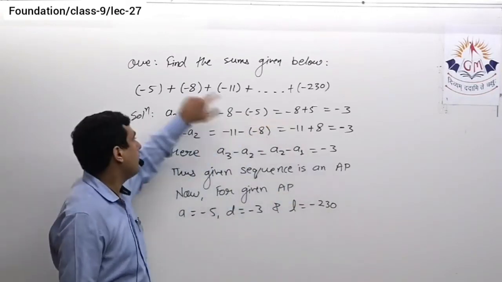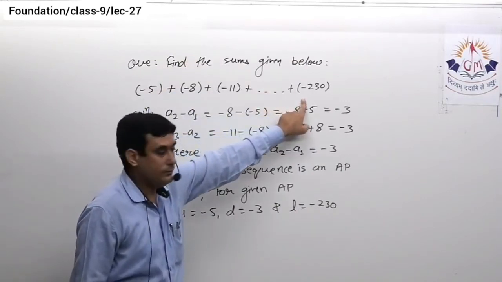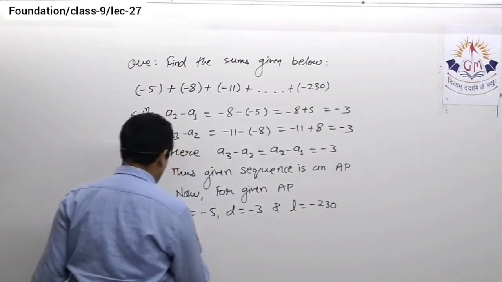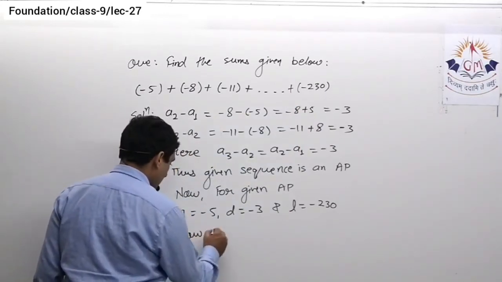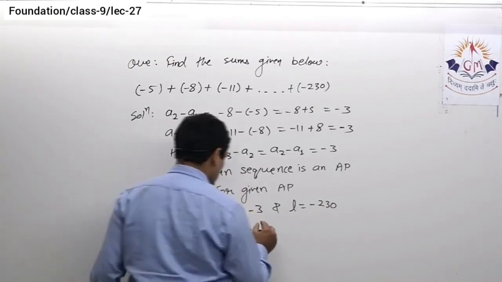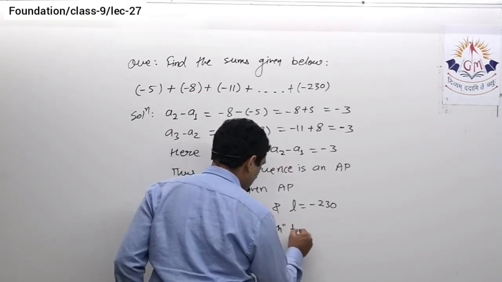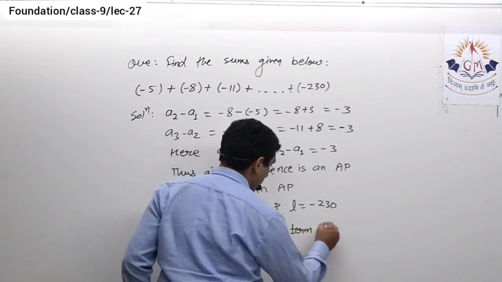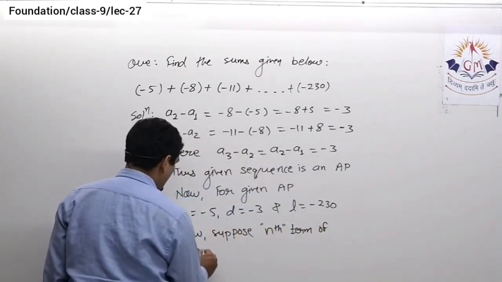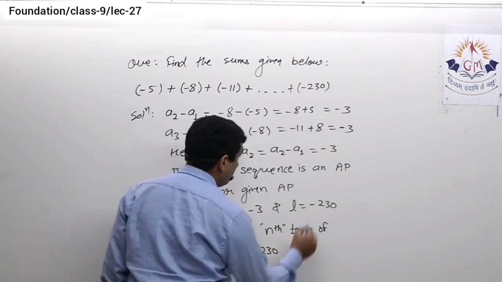As we have the first term and the last term, it is possible to find how many terms are there in the AP. So suppose the nth term of the given AP is minus 230.